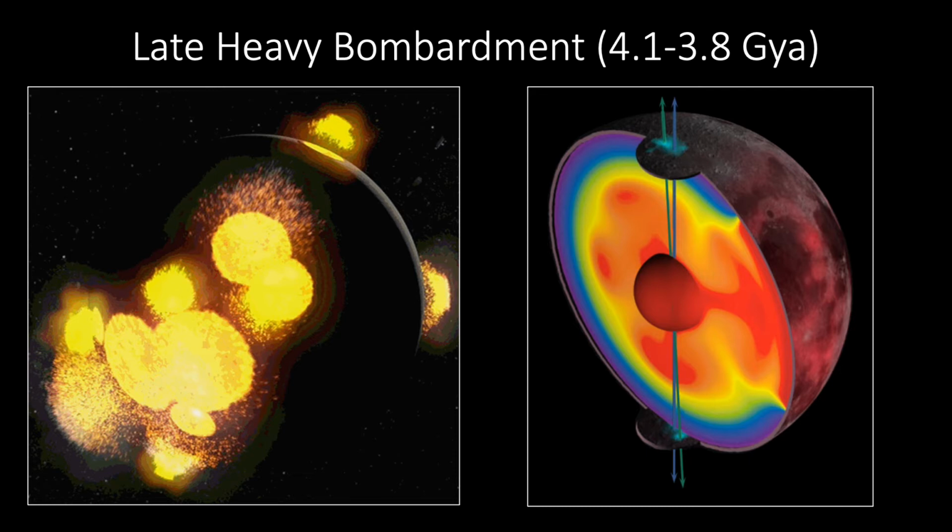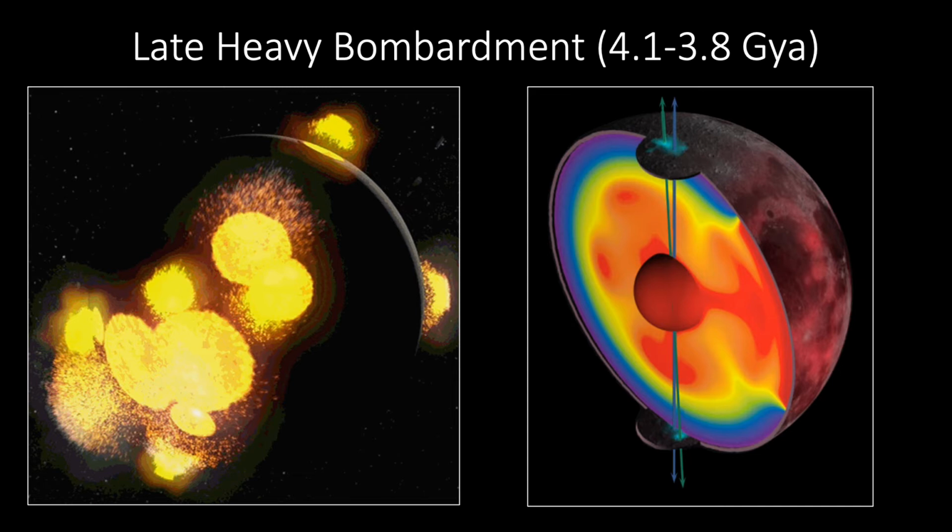We have found the age of the moon at 4.6 billion years, but we also see these newer materials formed from impacts at 4.1 to 3.8 billion years. Now, these impacts are from objects that are actually quite large.